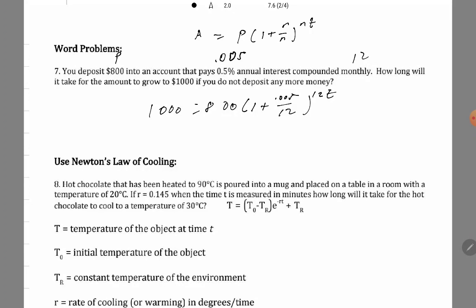So let's move that 800 over by dividing it. I'll divide both sides by 800 and I'll get 1.25, and then I'm going to simplify this inside number. This is 1.000417 to the 12t.